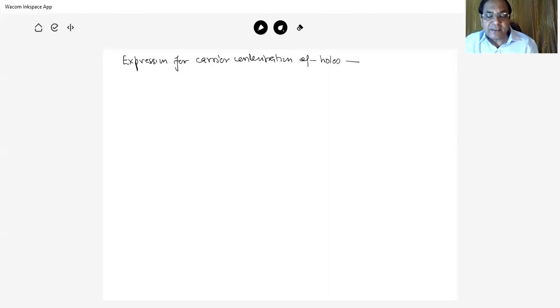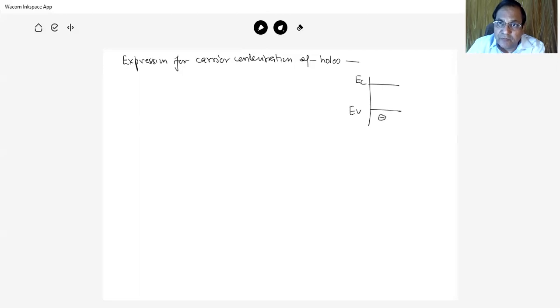The carrier concentration of holes is very simple, and it is based on the assumption that the absence of an electron is called a hole, and we consider here a p-type semiconductor, where the function used is 1 minus f of E. As we see, here it is EV, here it is EC.